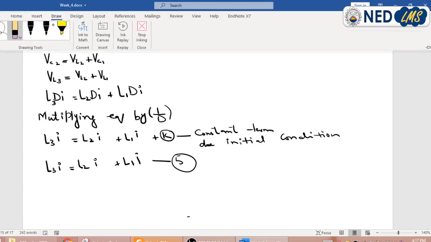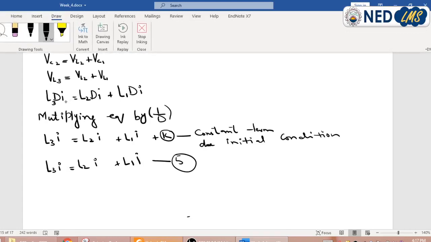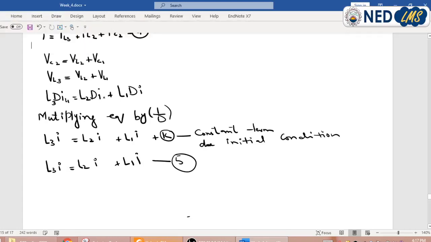I will write it as inductor current IL1, this is IL2, this is IL3, similarly this is IL3, this is IL2, this is IL1, similarly this is IL2, this is IL1, this is IL3.